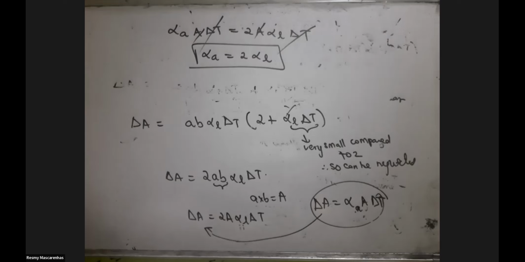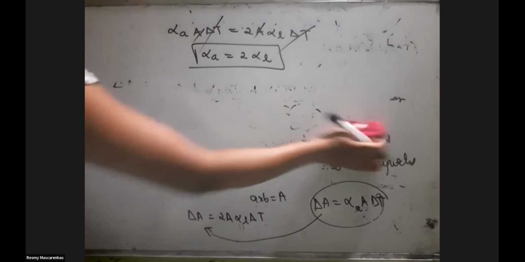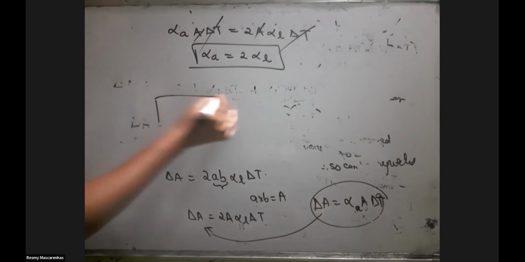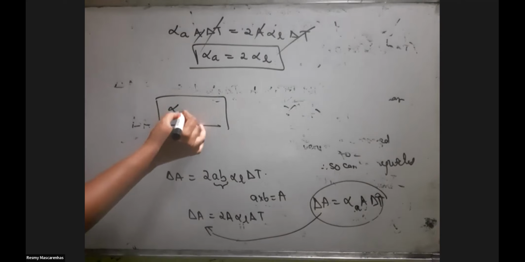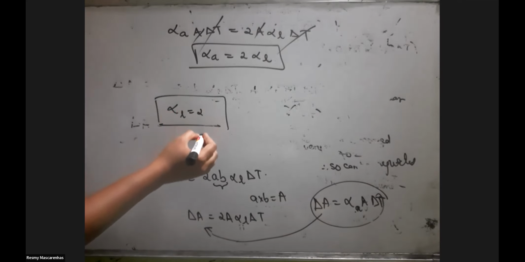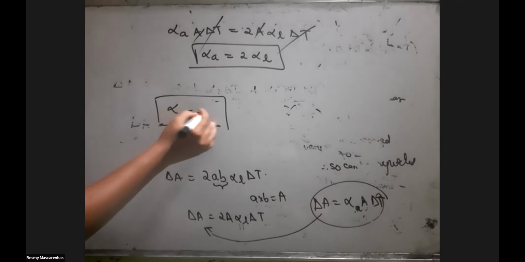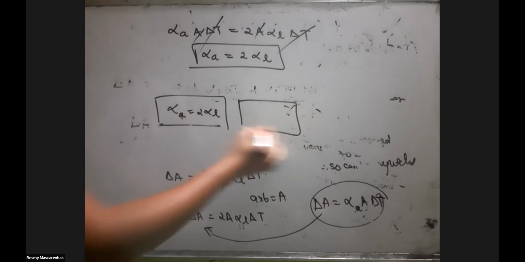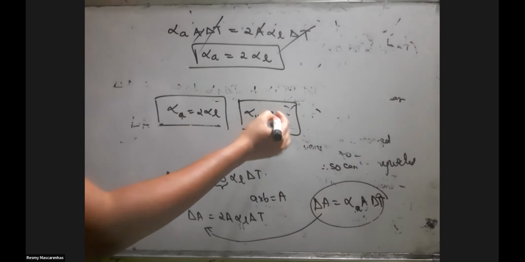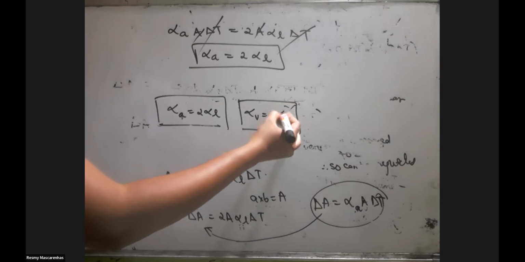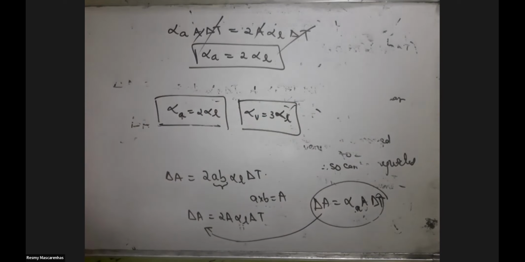Okay, so the two relations are these, you have to know. Alpha A is 2 times alpha L, and alpha V is 3 times alpha L. These are the two relations which you have to remember.